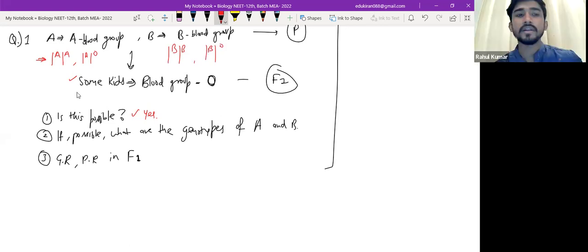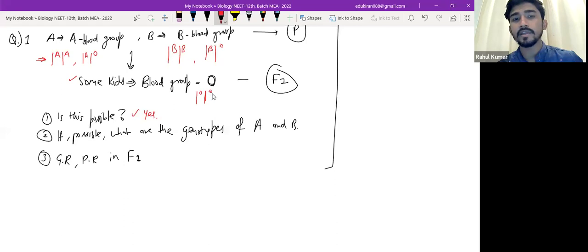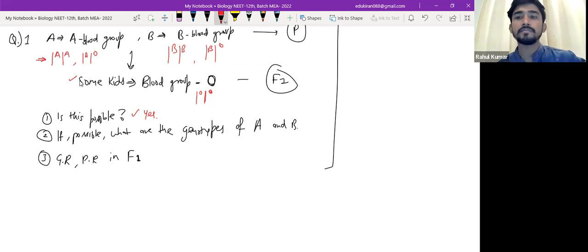But if some kids have blood group O, what is the only possibility that can give rise to IO? If this is the only possibility, then can the parents be this? The parents will not have IA IA and IB IB. If any parent is homozygous for either A or B, is it possible that in the next generation you can have an O blood group?